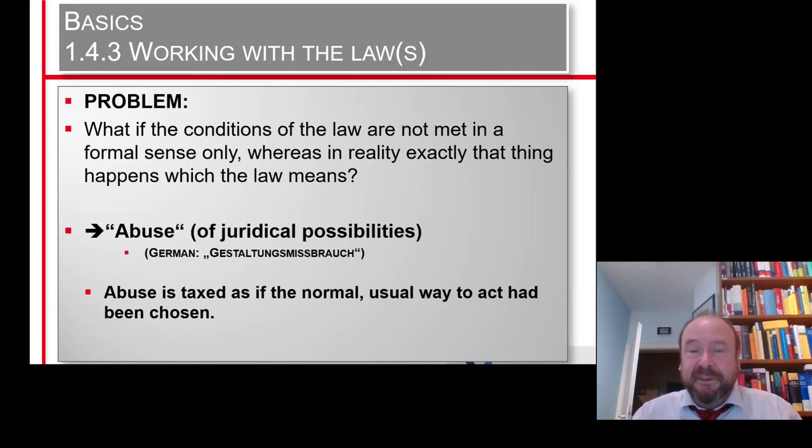Tax abuse means you avoid the things mentioned in the law, but basically what you do is exactly the same, only some unimportant formalities are changed. Every sane person would have directly done what is mentioned in the law. Your deviation, your different way is only explicable by the motive to avoid the straightforward way mentioned in the law.